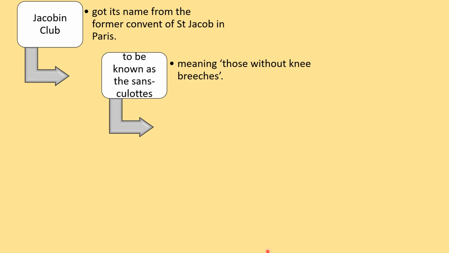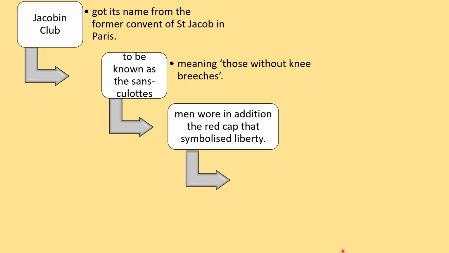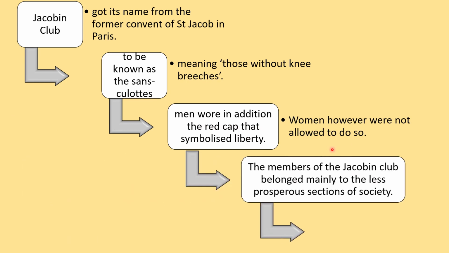It was a way of proclaiming the end of the power wielded by the wearers of knee breeches. Men wore in addition the red cap that symbolized liberty, but women were not allowed to do so.